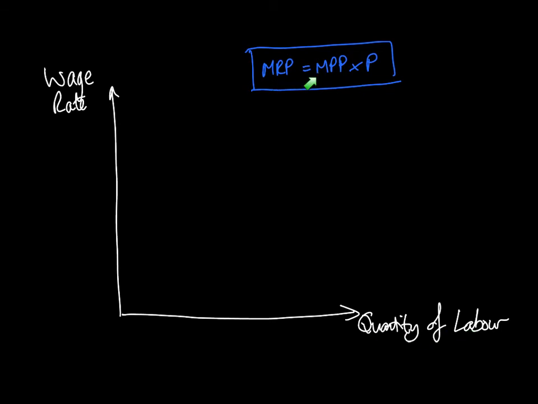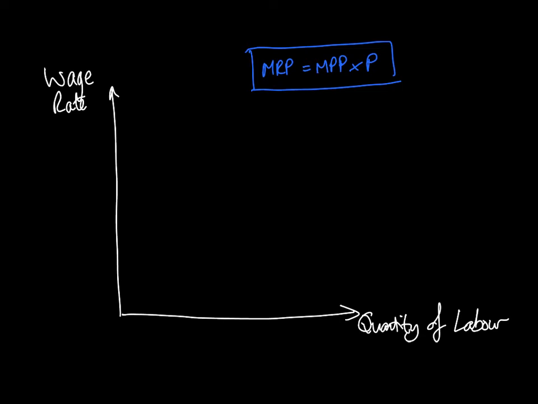I've also put on, just because it'll be useful to us to think about this concept, the formula for the marginal revenue product, which remember is the marginal physical product, how many items are actually being produced, multiplied by the selling price. Now again, we are going to start by making things quite simple for ourselves. So we're assuming that price is remaining constant here. We're assuming that this is a perfectly competitive market. All products are sold at the same price.